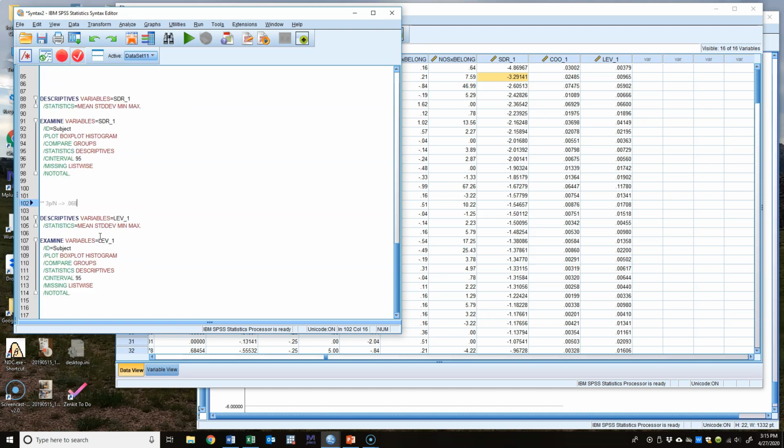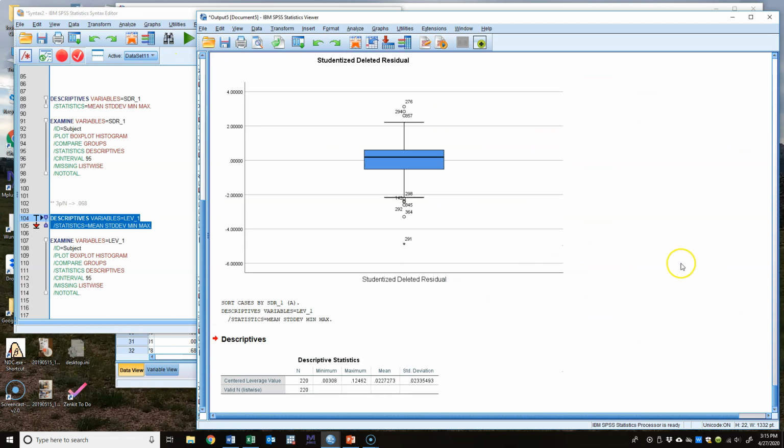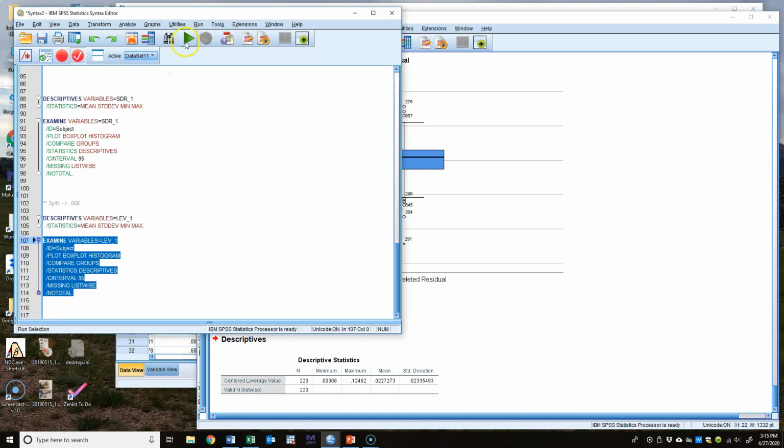So we're going to look for leverage values that start to exceed 0.068 as things that might garner our attention. Okay. So we're going to go through and run our descriptives for our centered leverages. And again, with 0.068 as our informal cutoff, we're definitely seeing cases that are exceeding that, right? So what we want to do is go through and plot these out.